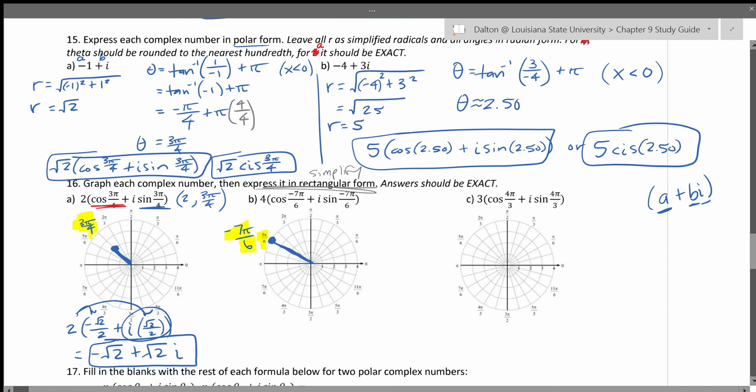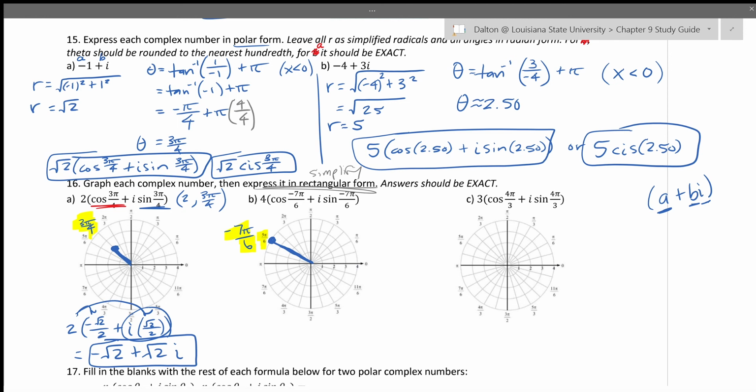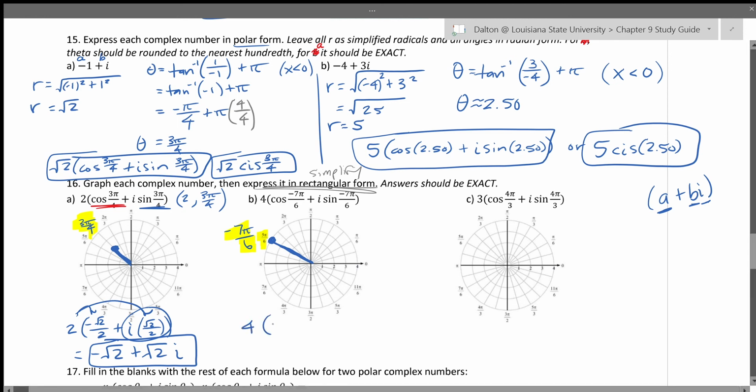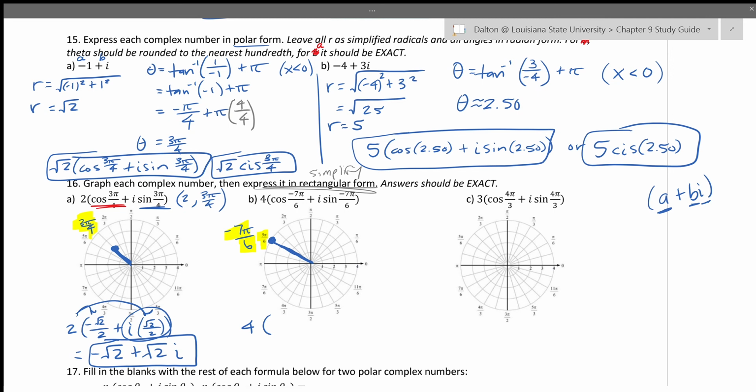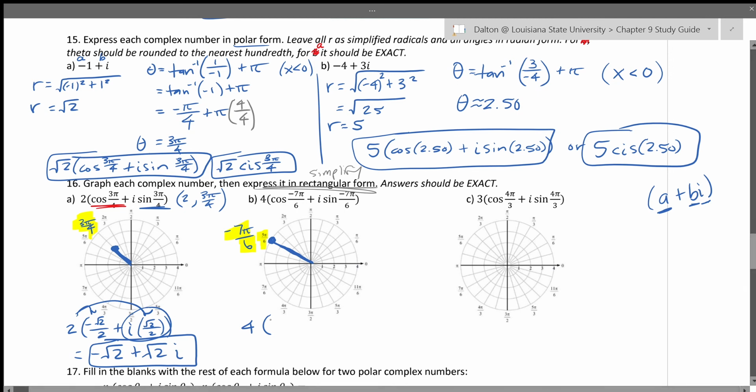To convert it to rectangular form, I'm just going to go ahead and simplify everything. So then I'm going to get 4 times the cosine of negative 7 pi over 6, which is the same thing as 5 pi over 6. The cosine, the x value at that point, using the unit circle, is negative square root of 3 over 2, plus i times the sine at that point, the y coordinate at 5 pi over 6, which is 1/2.